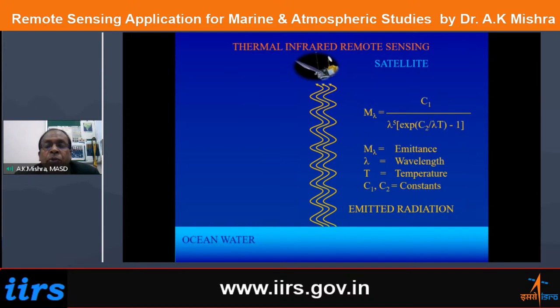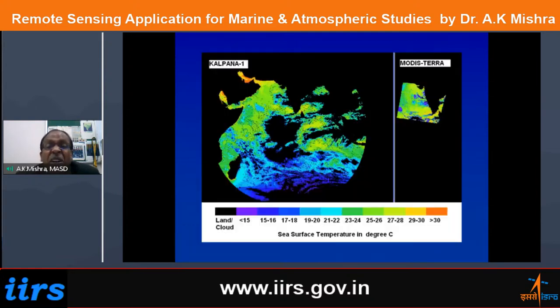from a few meters to kilometers. So this is a geostationary satellite, Kalpana 1, which has a thermal sensor which gets the sea surface temperature data. And this is MODIS Terra, which also has thermal sensors. These are two synchronous passes around the same area.